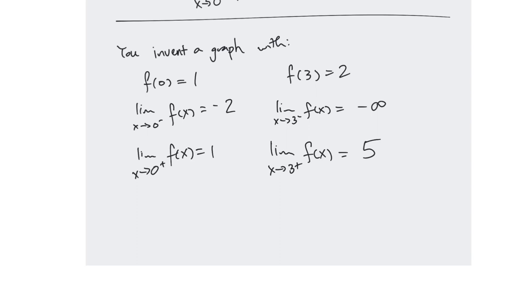The limits are the more interesting part. Yeah, you can't put it down there. From the right, it's up here, right? Is that supposed to be on the point? Yeah, this is 5.